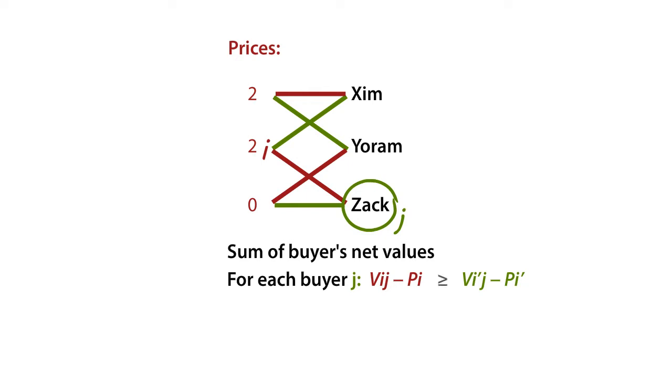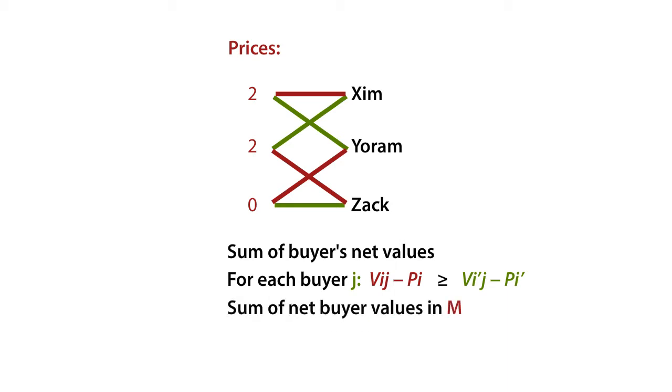So we have an inequality where Zach's net value for I is at least as big as Zach's net value for I prime. And now all we have to do is not just focus on Zach, but add up these values for all the buyers and discover that the sum of the buyers' values in the market clearing matching, in which everyone got their favorite item, is at least as big as the net value from any other matching where some of them might have gotten items that they actually like less.